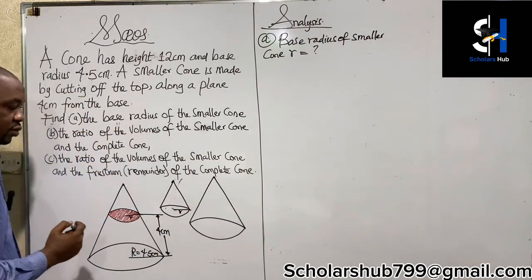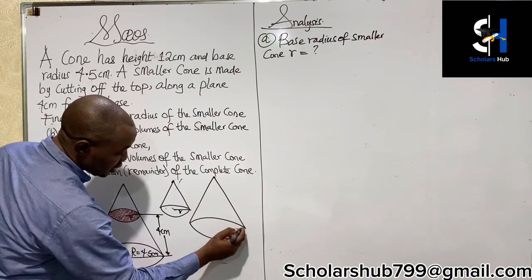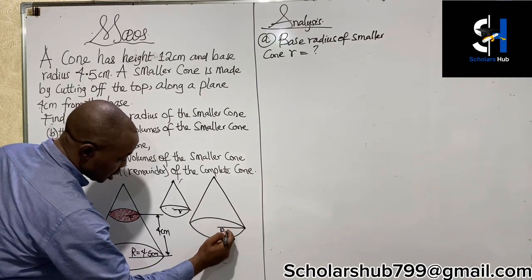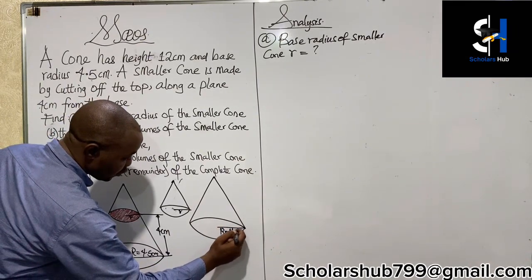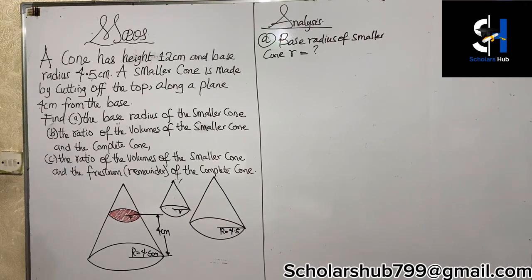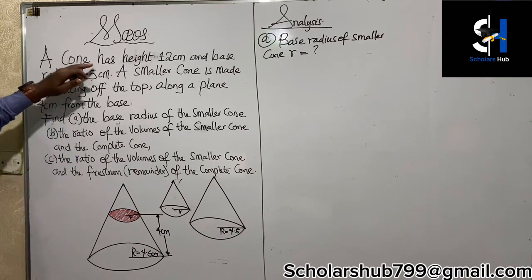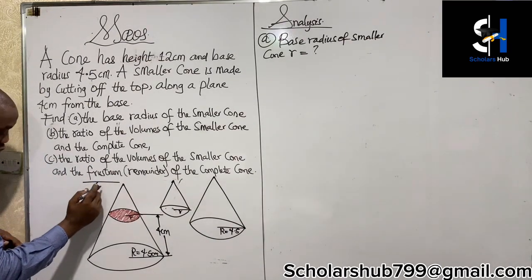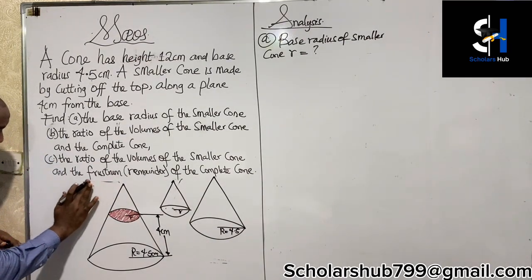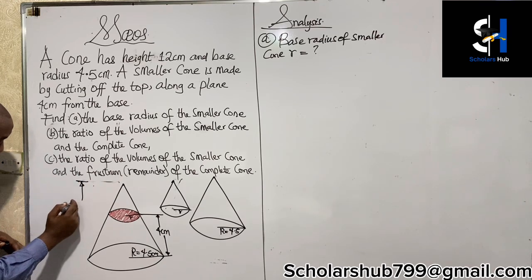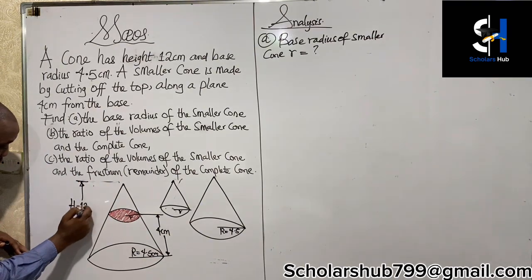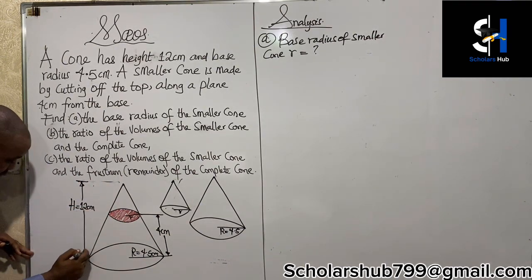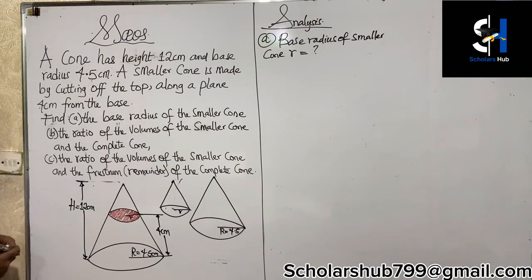The base radius for the larger cone is big R, which is 4.5 centimeters. Also we are given the height of the larger cone, which is 12 centimeters.